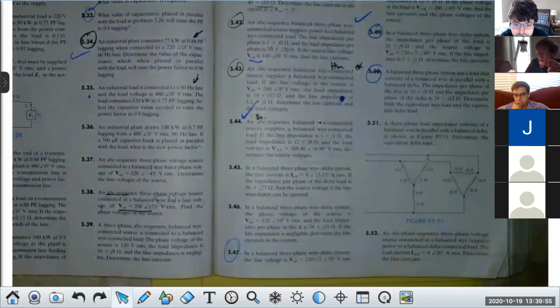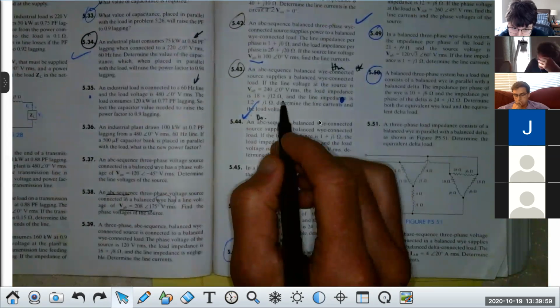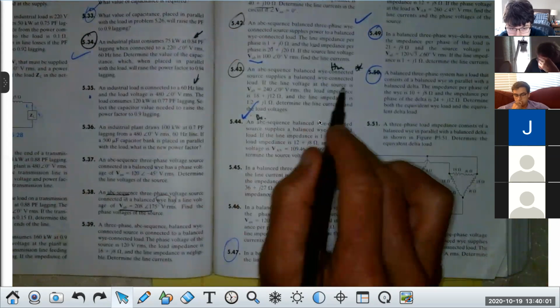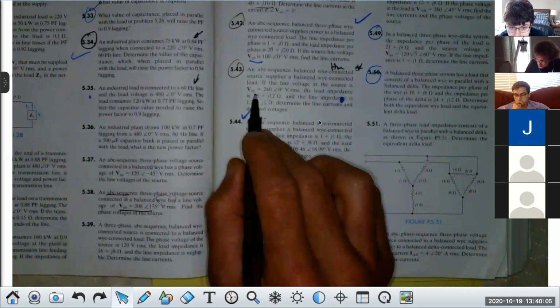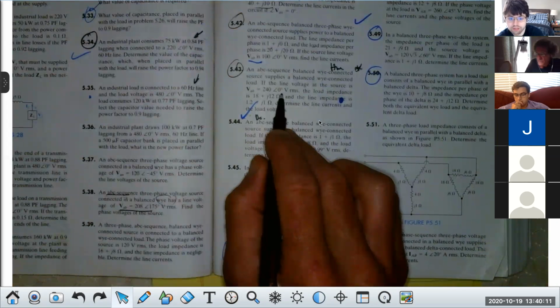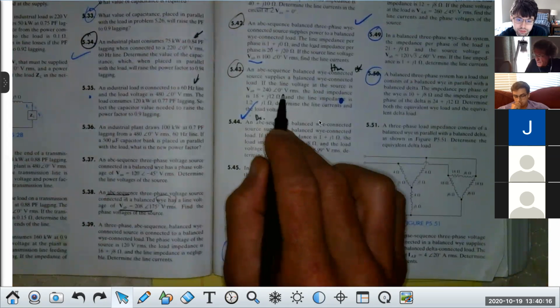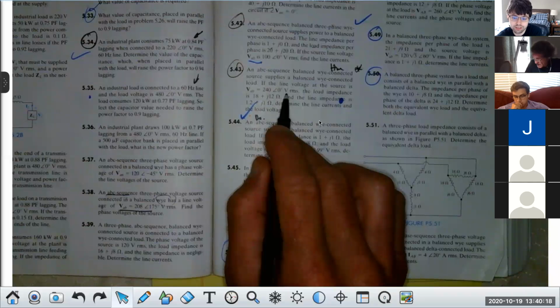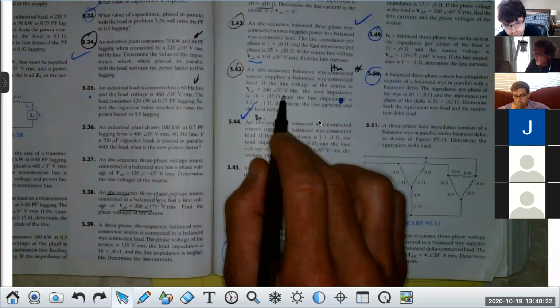Here they say if the line voltage at the source is, now that's line, not phase, so it's 240 at 0 degrees. We need VAN, don't we, class? Yes. So what do we do with this? Divide by square root of 3 and subtract 30. Exactly.